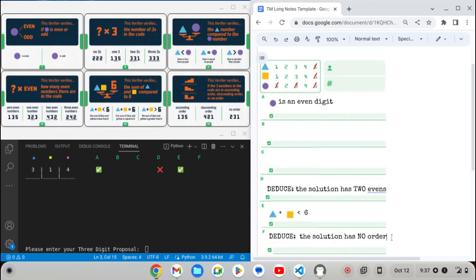Okay. Now, it doesn't mean it can't be any of these. All I can say is that the ordering has no order, or is no order. So it can still be less than, equal, or even greater than. So I believe, again, we've already established that there are two evens and an odd.